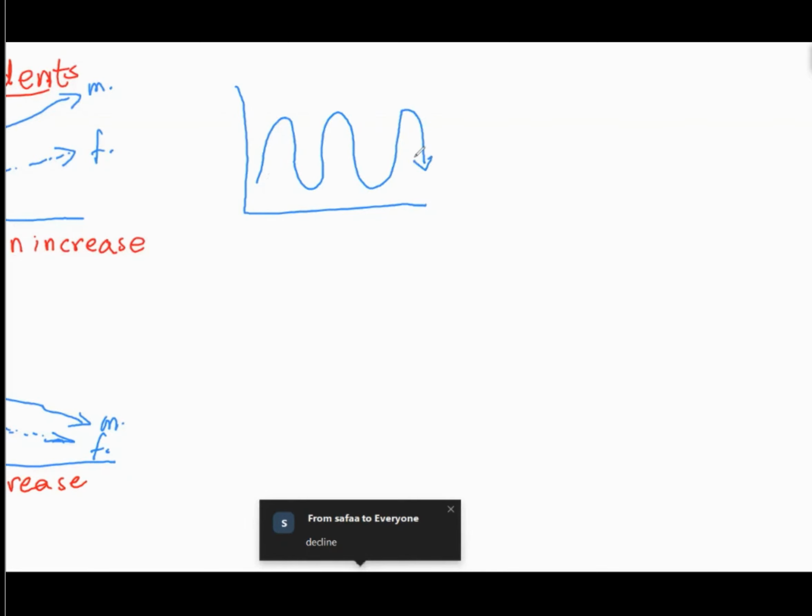What about this one? It goes up and down, up and down. A fluctuation. There is a fluctuation.